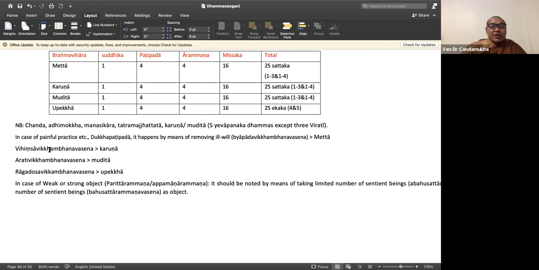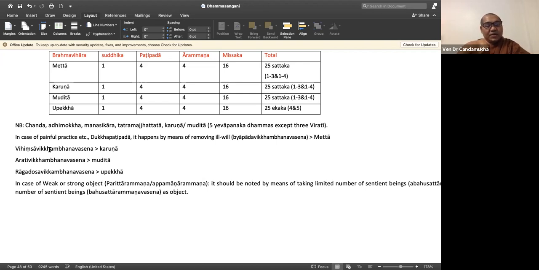Then in the case of Upekkha, it is difficult to remove raga and dosa. Maybe because to maintain Upekkha is very difficult for the ordinary being without practice. We are liable to remain on the side of raga or on the side of dosa, so two possibilities are there.